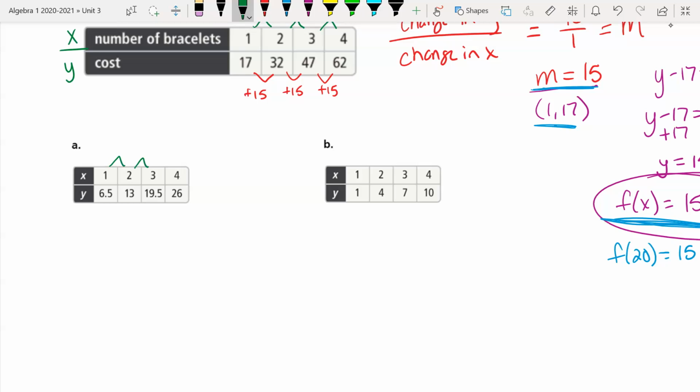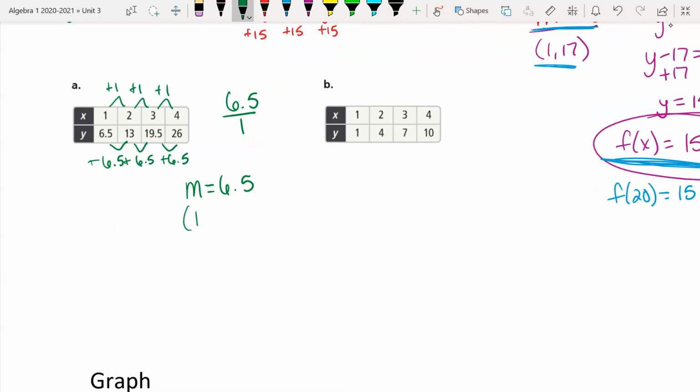So again, notice my x is going up by 1 every time. My y by 6.5. So when I solve this, my change in y over my change in x is 6.5 over 1, aka my slope is 6.5.